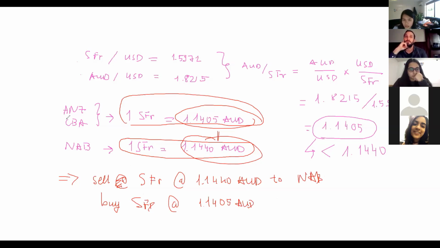This is not a direct transaction because you have to go through two banks, transacting with ANZ and CBA. By doing so, I'm going to earn a spread in between.